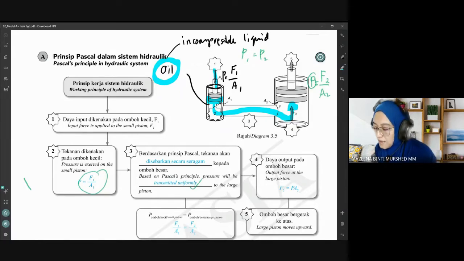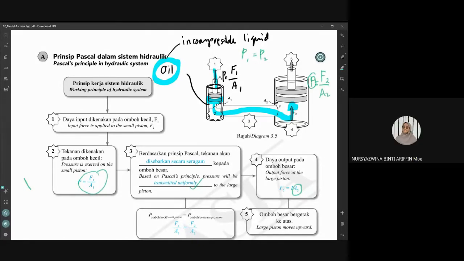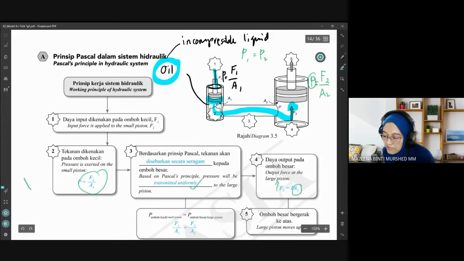Look at number 4. Output force at the large piston, F2, is equal to P multiplied by A2. Since A2 is a large area, what happens to the force produced? Of course, F2 will become bigger or large.